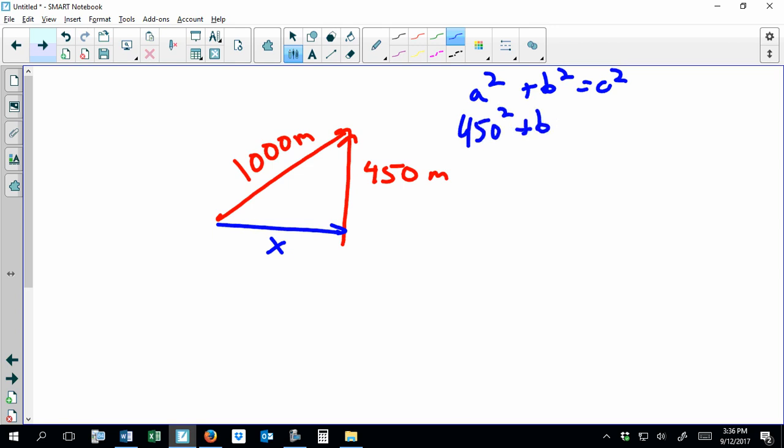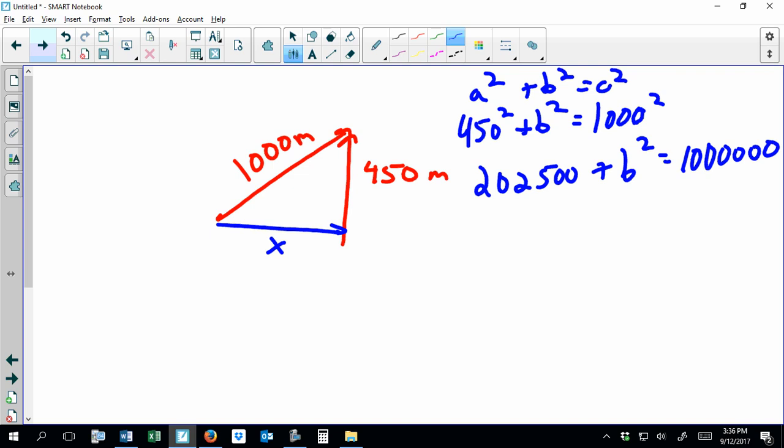450 squared plus B squared equals 1,000 squared. 450 squared is 202,500 plus B squared equals 1,000 squared, which is 1,000,000.